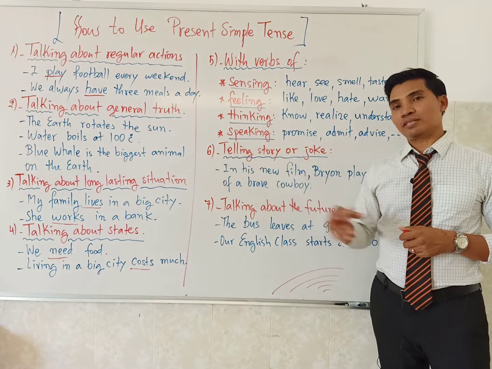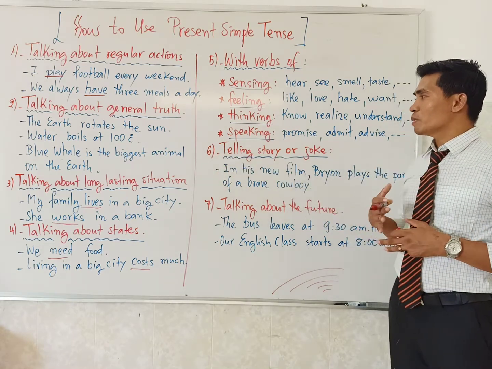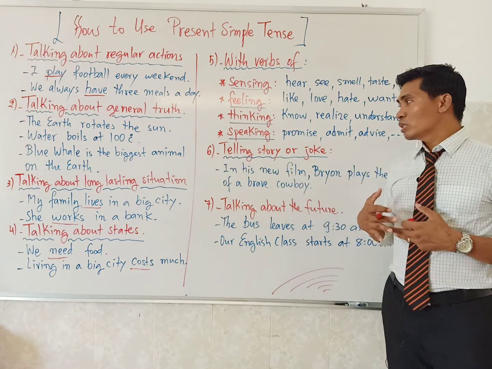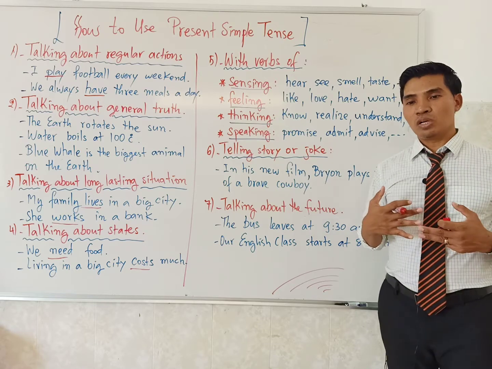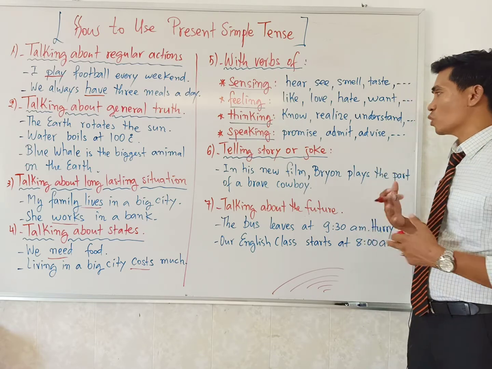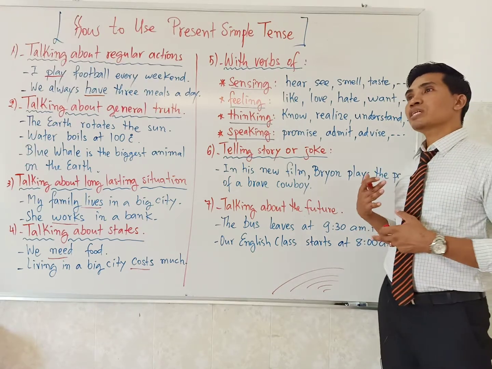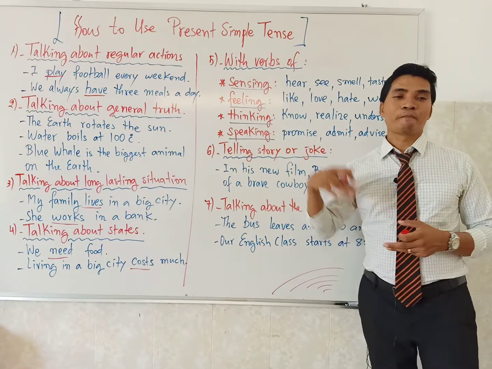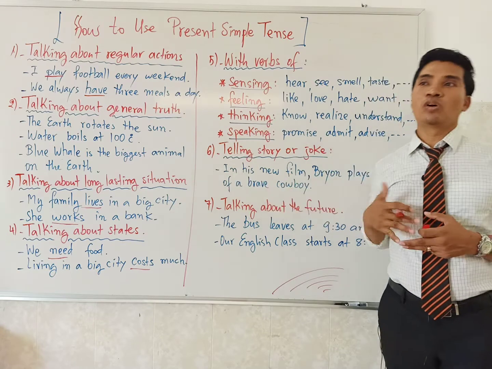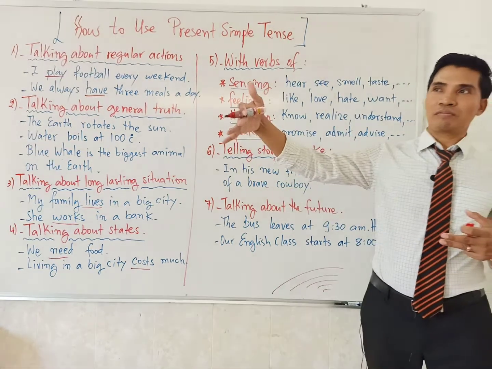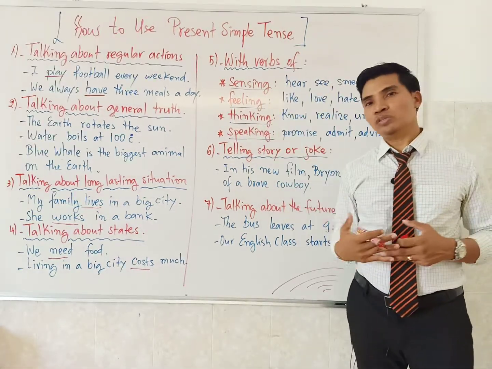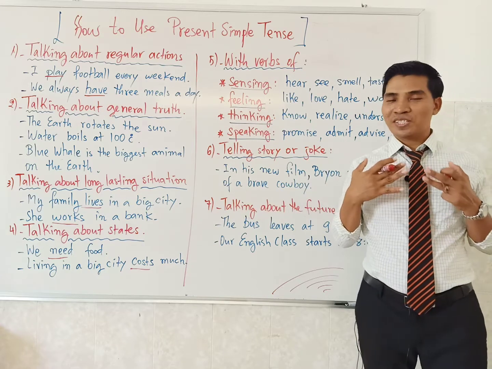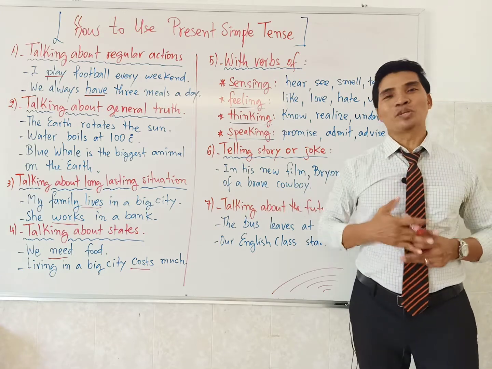Okay, so yes, we move to point number 6. We use the present simple tense to tell a story or a joke. Okay, to tell a story or a joke. So when you say a story, it's like a story that happened some years ago or in the past, a long time ago, but we still use present simple.